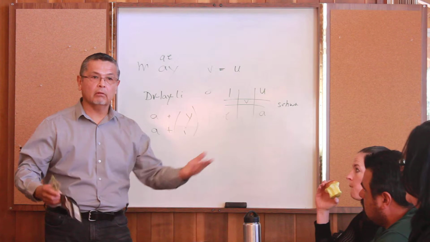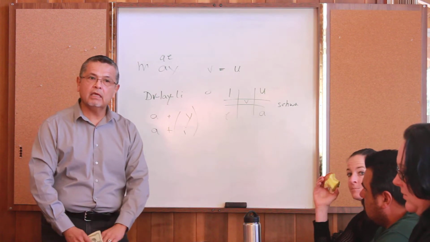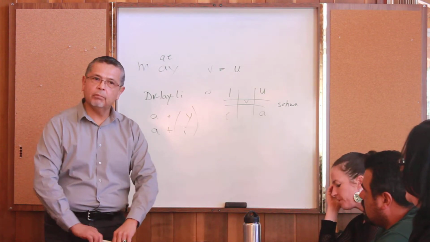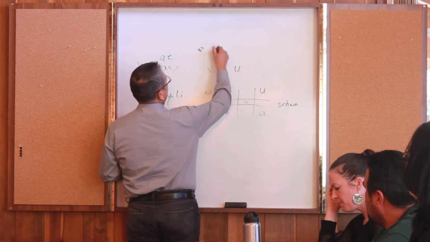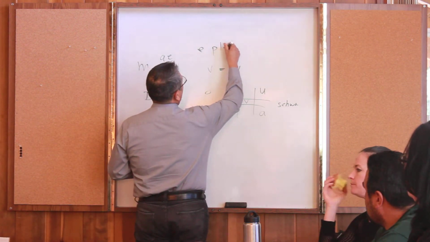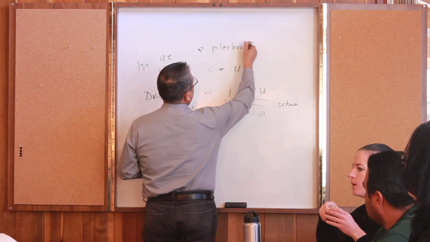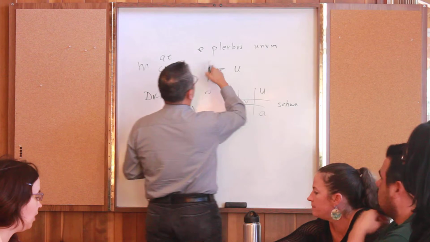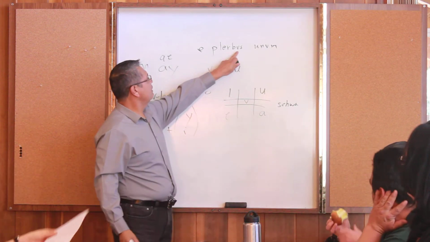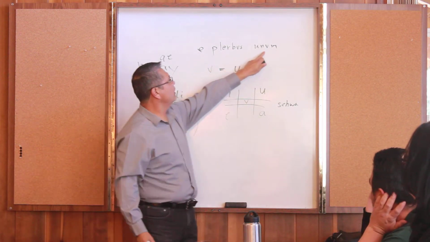Pluribus is the people, and unum, the one. So the one people. How do you spell it? E, P-L-U-R-I-B-U-S.